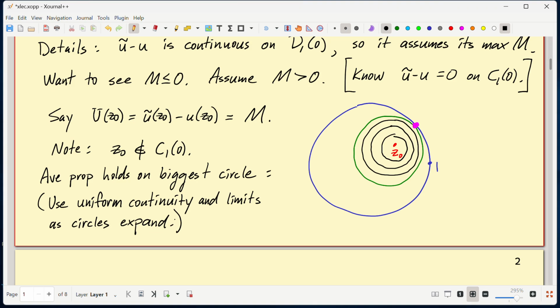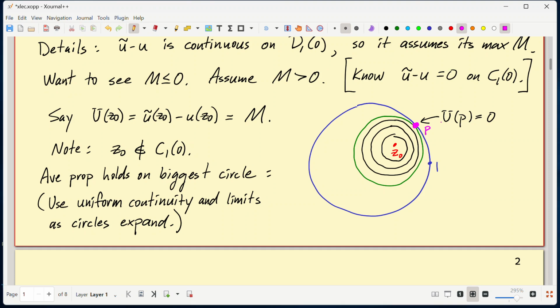Okay, and now you think about the averaging property on that green circle. Capital U is 0 right here. What should I call it? U of P is equal to 0, that point right there, P. And the average of that continuous function on the green circle is going to be M. And it's 0 right there.